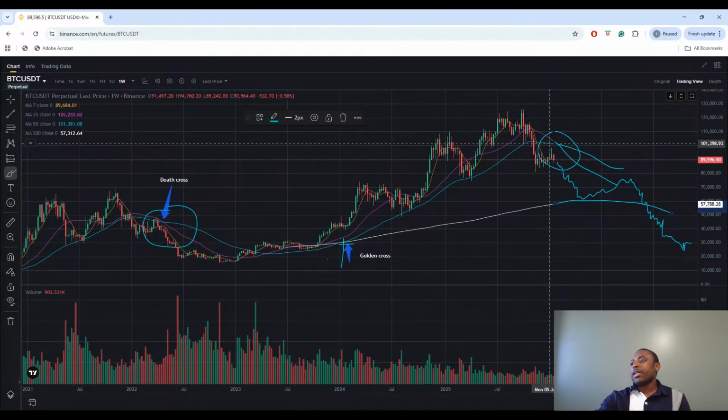So yeah, the bottom line is that it's not looking very good, because this will be a dead cross.